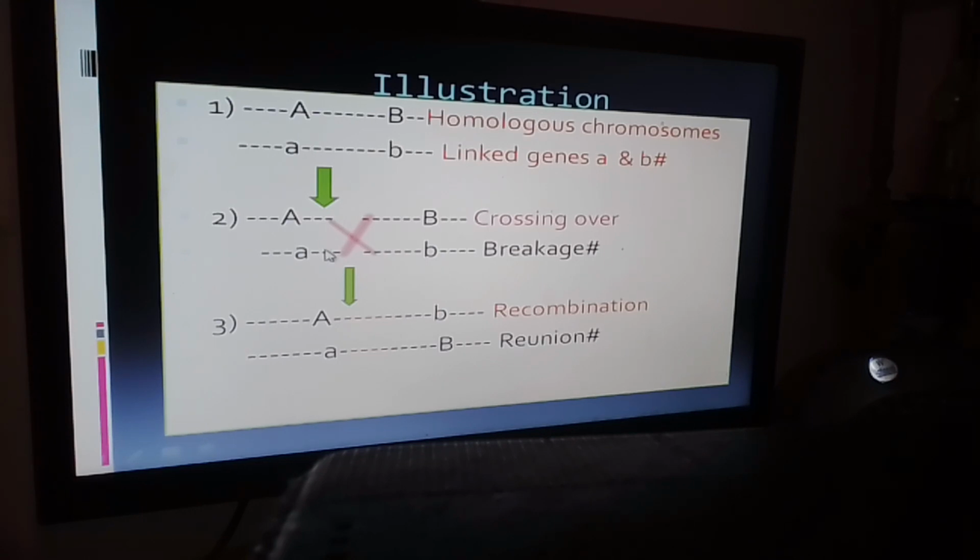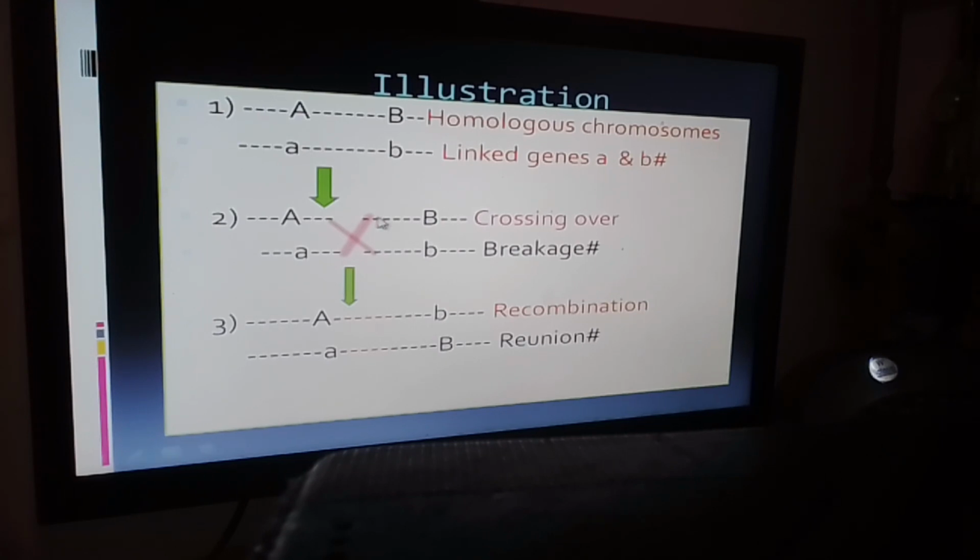Now during the meiotic division, that you may know as gametogenesis, during gamete formation, there will be the division of primordial germ cells into gametes, and that process of cell division is said to be gametogenesis, meiosis.